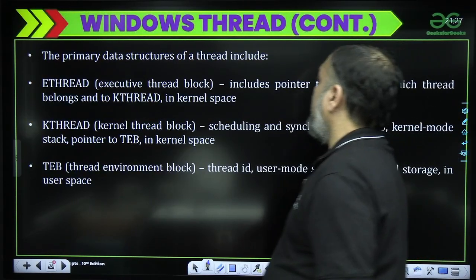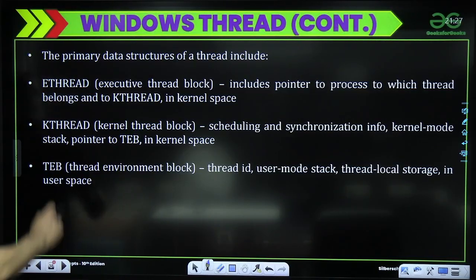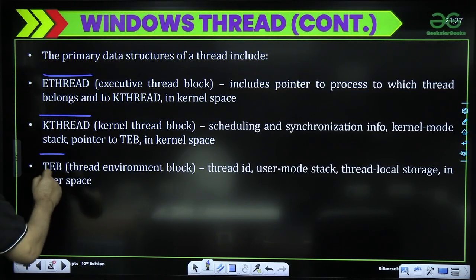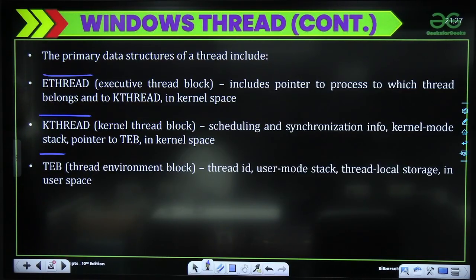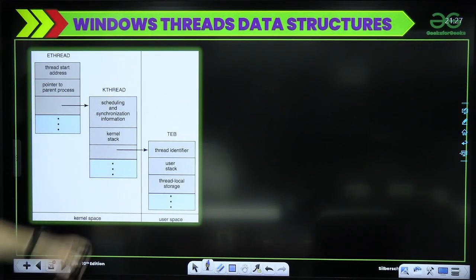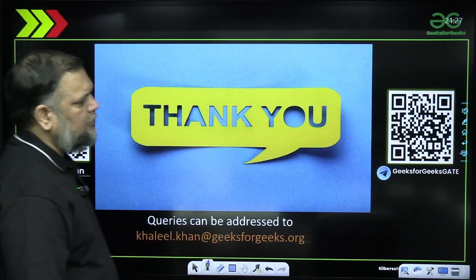Windows threads have primary data structures: the executive thread block, the kernel thread block, and the thread environment block. These are the three important data structures for threads in the Windows operating system. This is just for a case study. The structures are ETHREAD, KTHREAD, and TEB. These are the important data structures. You can look at similar structures in the case of Linux.